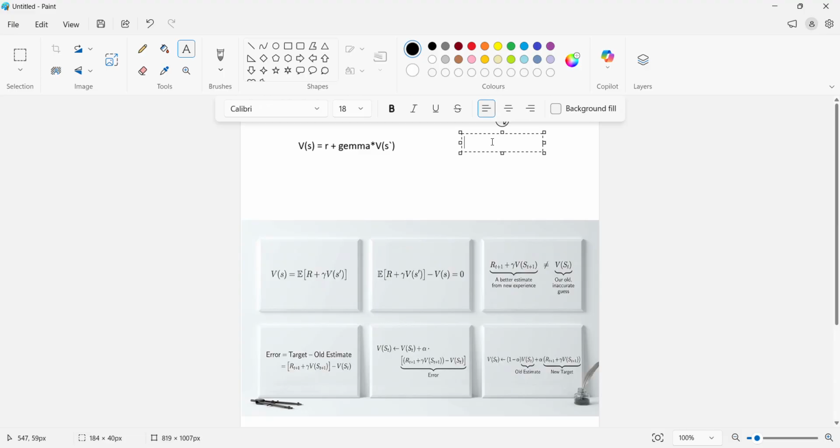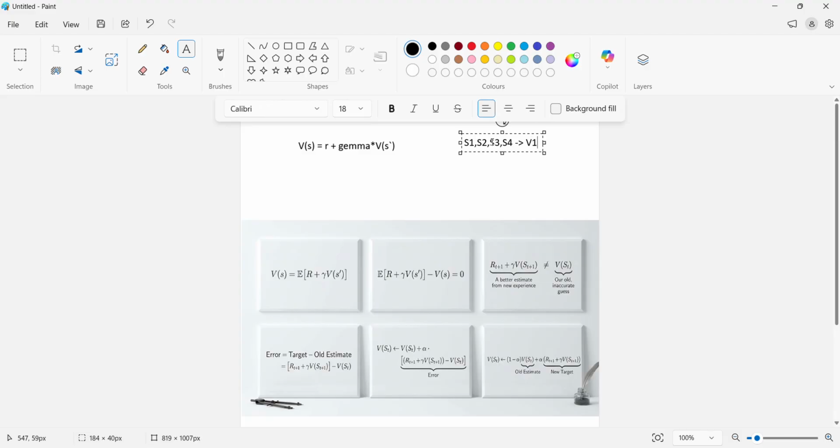As I told you previously, for example, we are in an environment where we have four states S1, S2, S3 and S4, and corresponding to these states we have their corresponding V values. Because we have just started our environment, the estimates and the values of these states are going to be random. We would have randomly initialized V values for them.